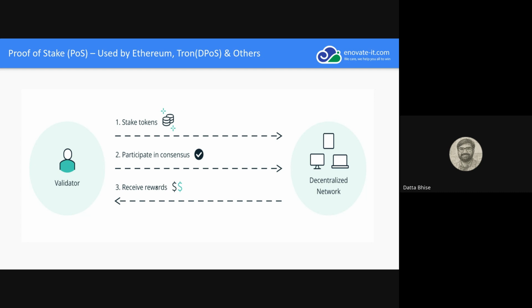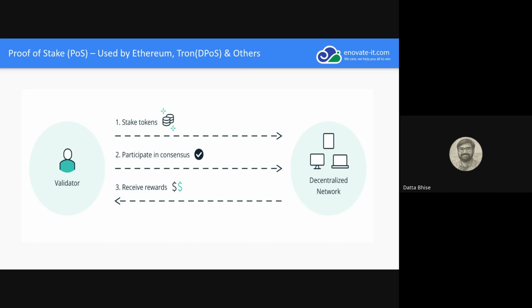It's again a different concept. What is the stake? Stake means the network freezes your coins. Consider stake as a fixed deposit of coins.